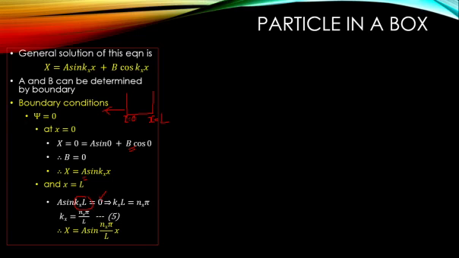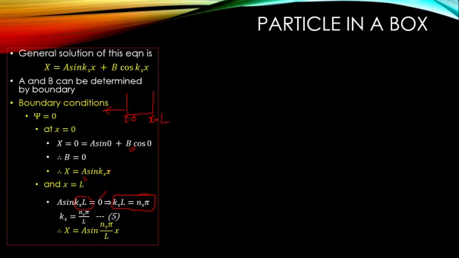Okay, so from this relation I can write what is kx. It is just nx pi by L, where nx is just an integer. So we can substitute now X as A sine nx pi by L into x.